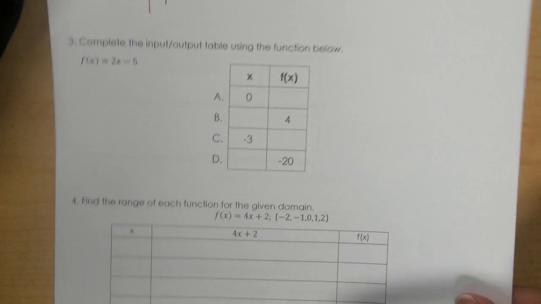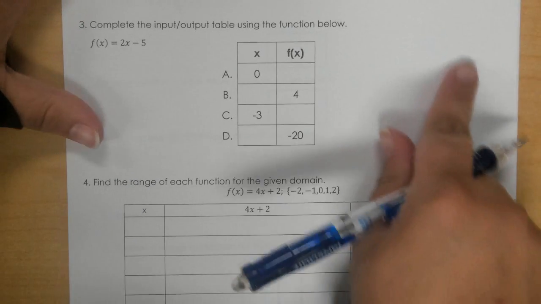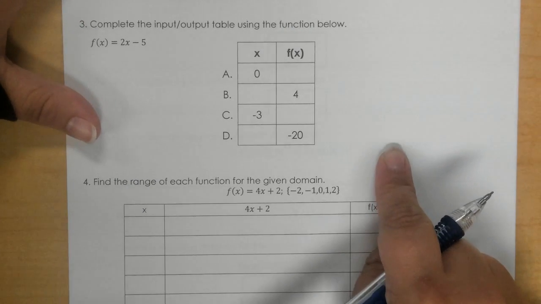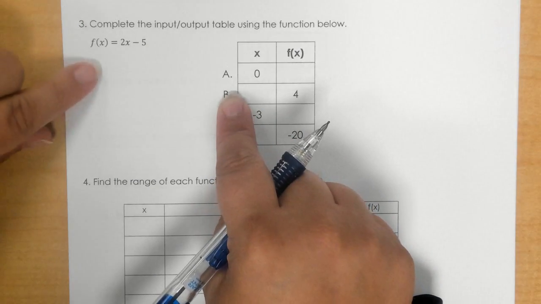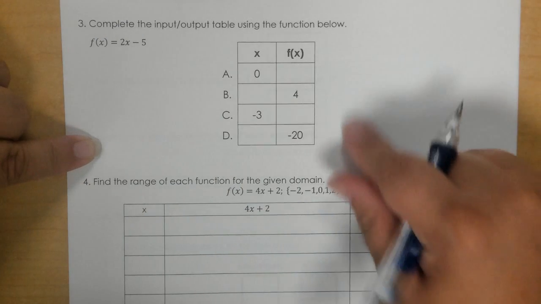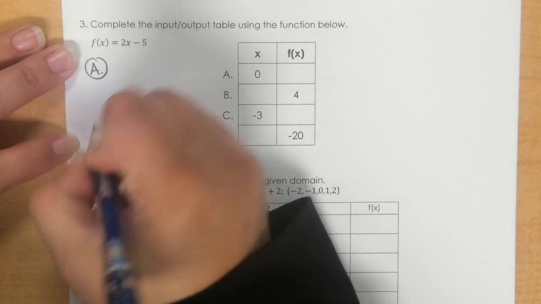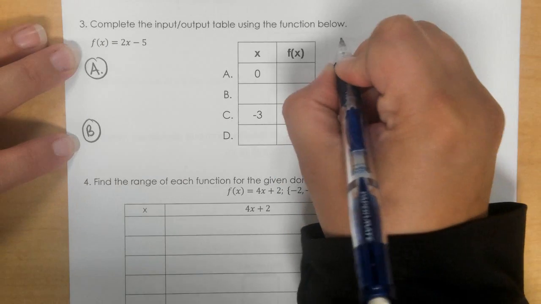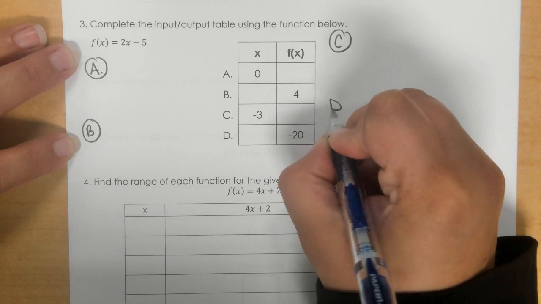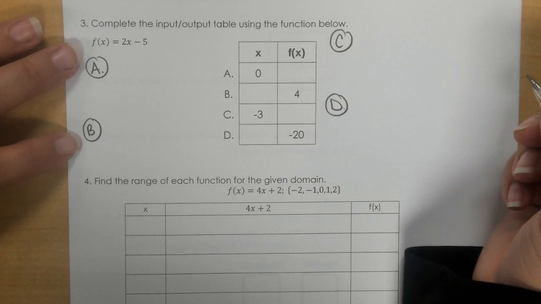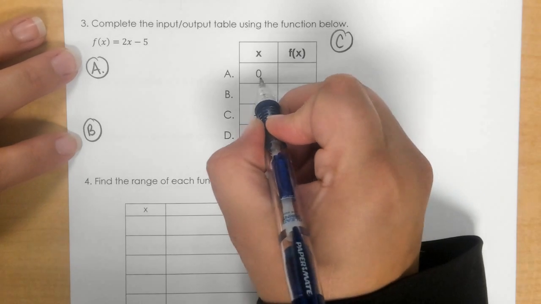Then for this example, we don't have as much room over here as we did in the notes. So I'm going to put A and B on this side, and then C and D over here. So for A, B, C, D. Okay, so for A, I'm given x.